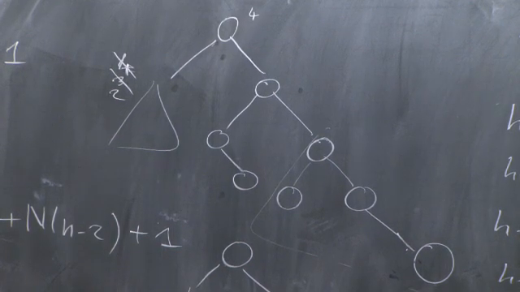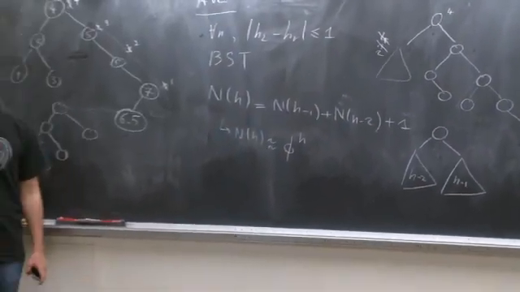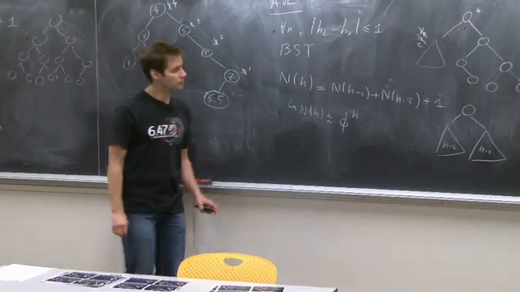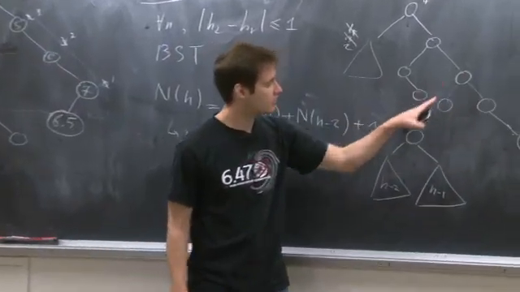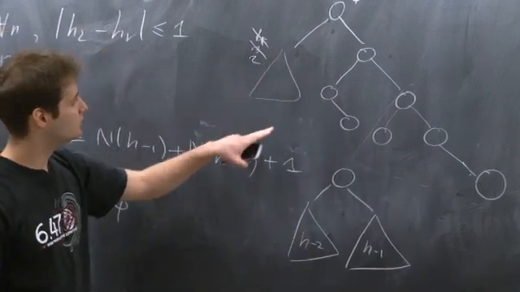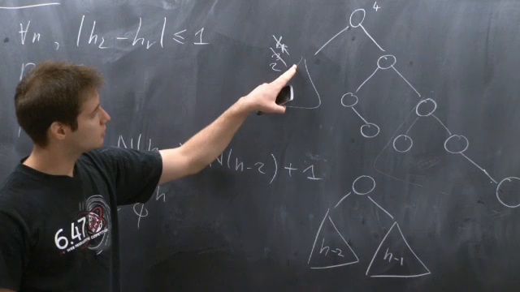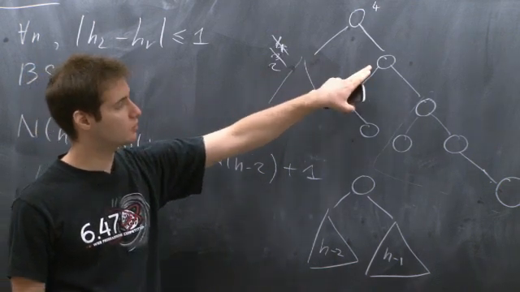Yep. But in that case, is that balanced? So this was an AVL of height 2, right? If I stick it here, it's still going to be an AVL of height 2. Right. This thing will have height 2, this thing will have height 3.